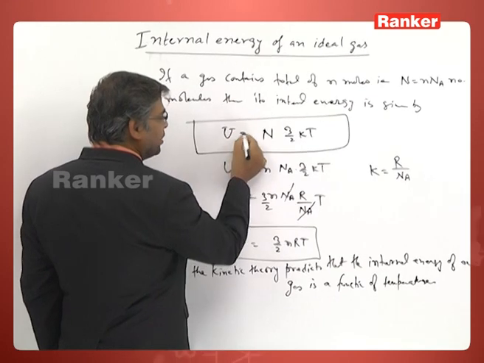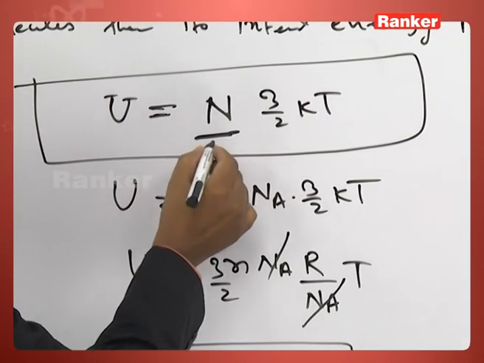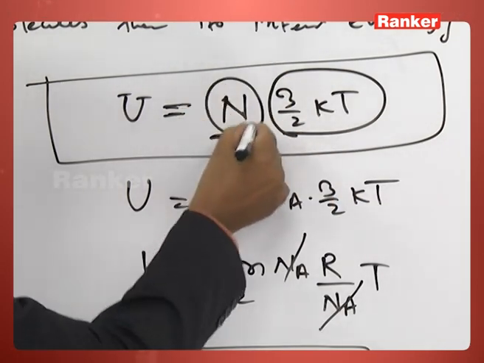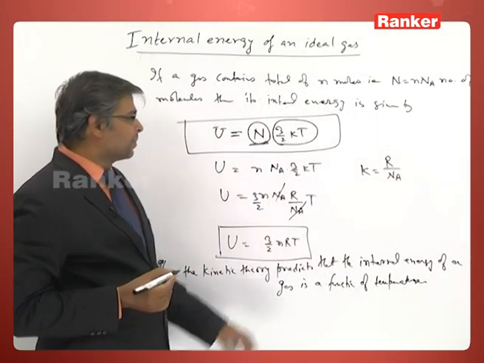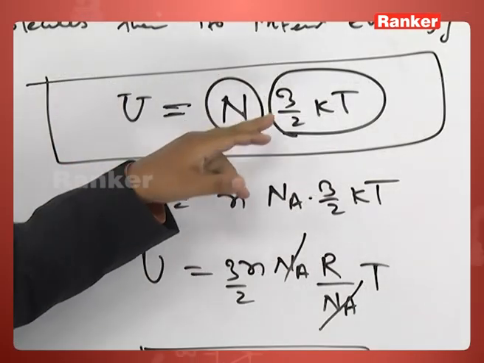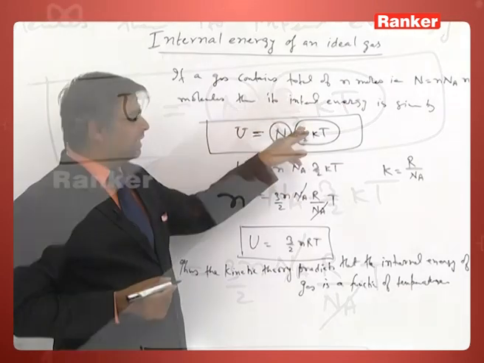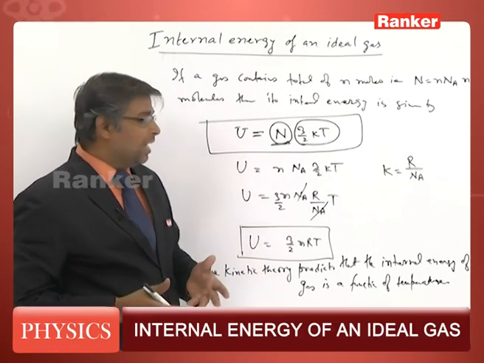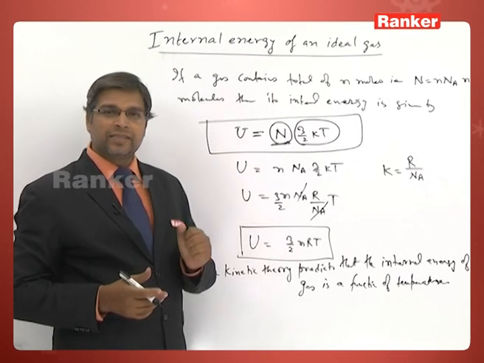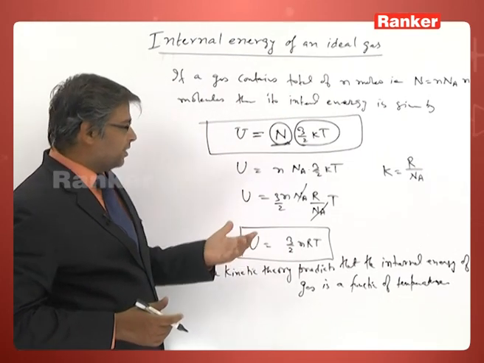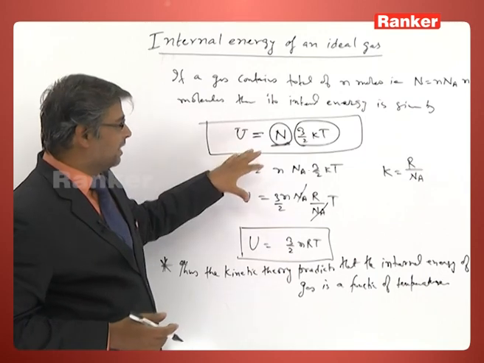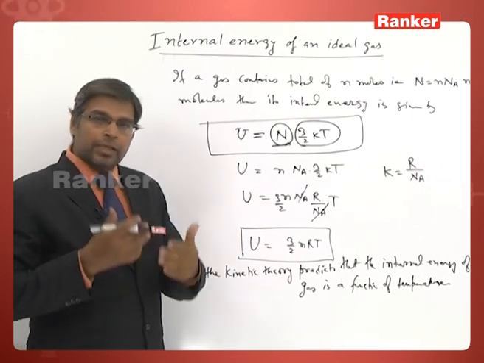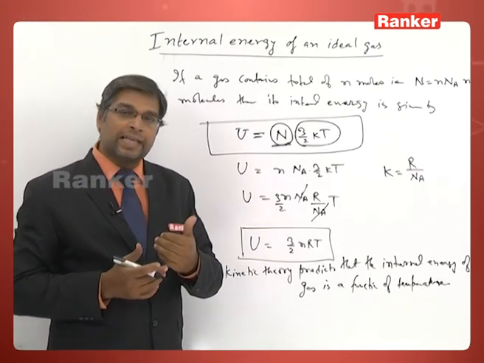Here the total energy U is the energy of a single molecule into the total number of molecules. We should now stress that this is a monoatomic gas molecule, it contains 3 by 2 kT energy. If it is a diatomic or polyatomic molecule, then what are the different ways in which it can store energy? Very important point: the internal energy of a gas will depend on the possible ways in which a molecule can possess energy.